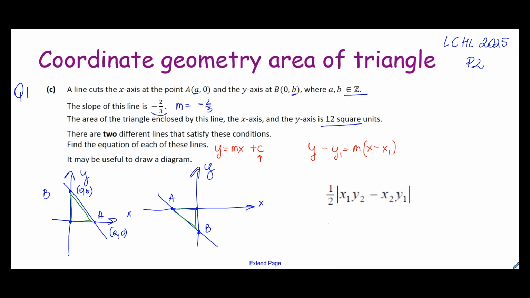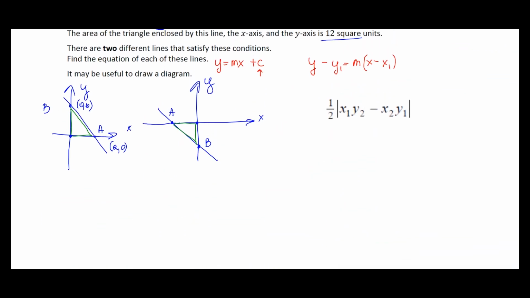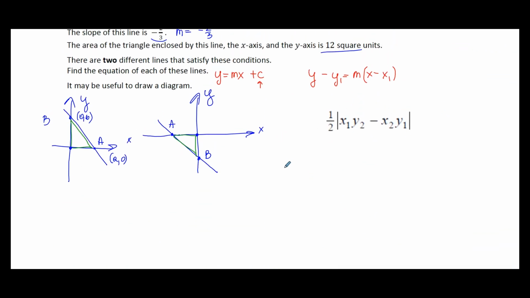Okay, so what are our points? So we are saying that formula, so a half multiplied by, and what are those? This is the coordinate of one point, and this is the coordinate of the second point. What points do I have? I have point, let's say A, 0, and then I have point B, which is 0, B. Okay, so if I replace that, I put A multiplied by what?